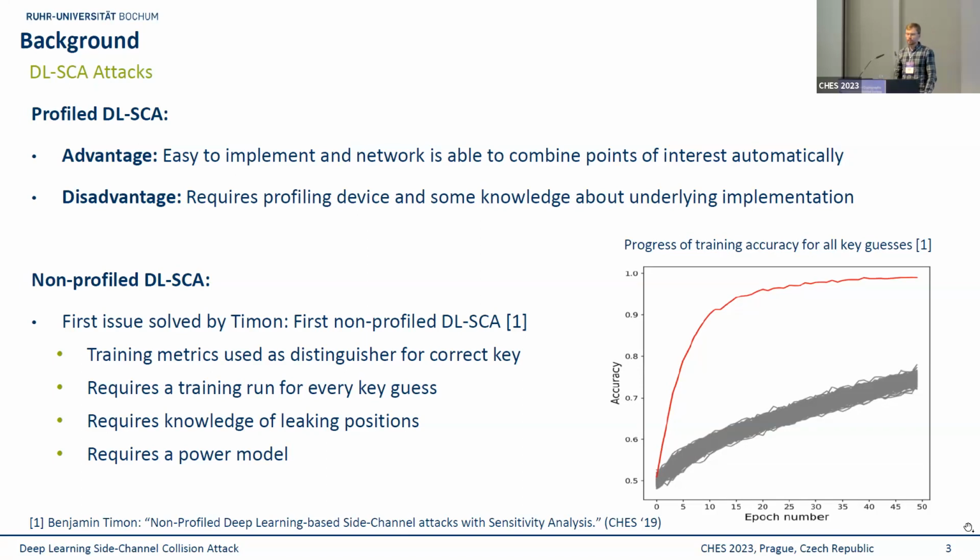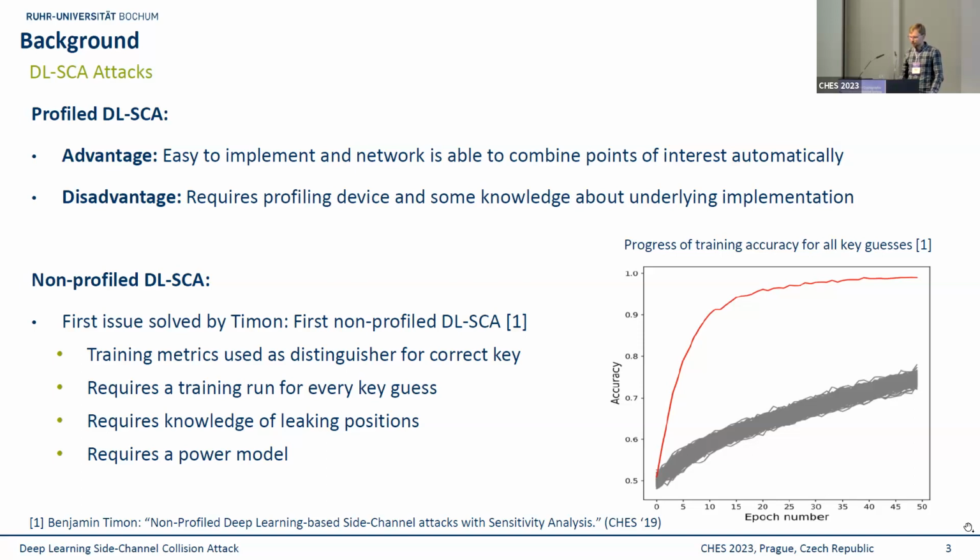The first issue was solved by Timon in 2019 by presenting the first non-profiled deep learning SCA. Instead of following the classical approach of training a model which is used to predict the labels afterwards, he is using the training metrics as a distinguisher to find the correct key.